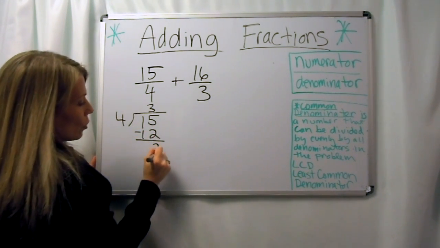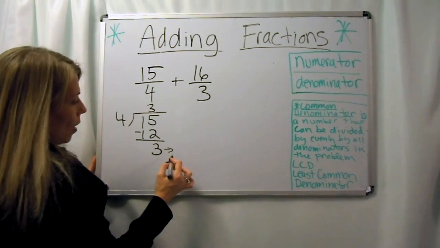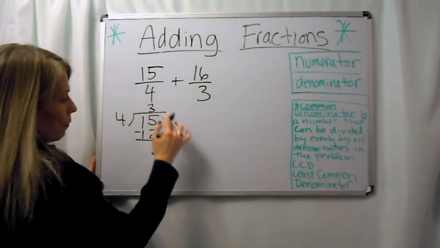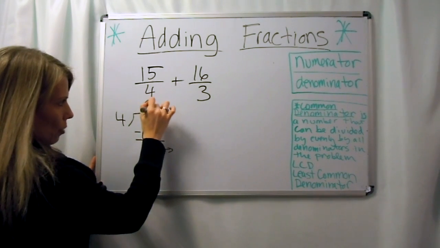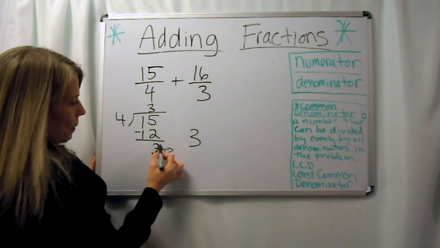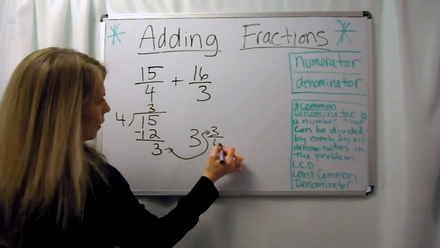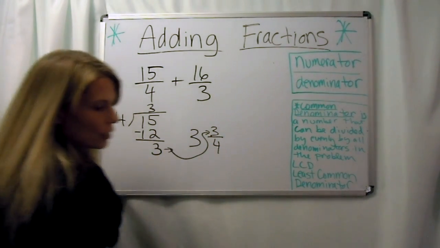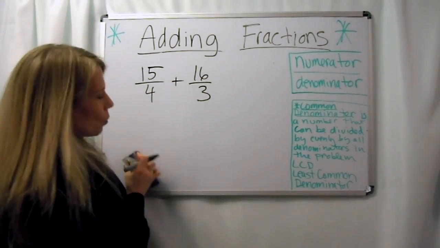And I have a remainder here of 3. This becomes my numerator. I put the answer, 3, over here, my 3 left over becomes my numerator, and I keep that over 4, the denominator. I just wanted to do that out to show you what was going on.